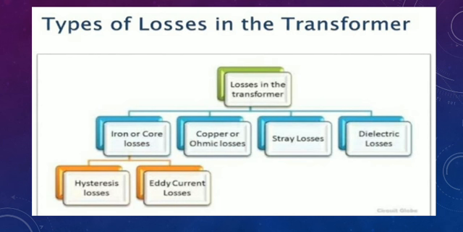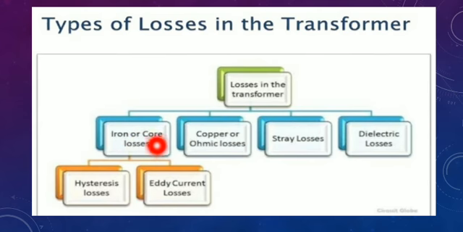There are four major types of losses. Based on the material, the losses are again classified into two types. The first one is iron or core losses.